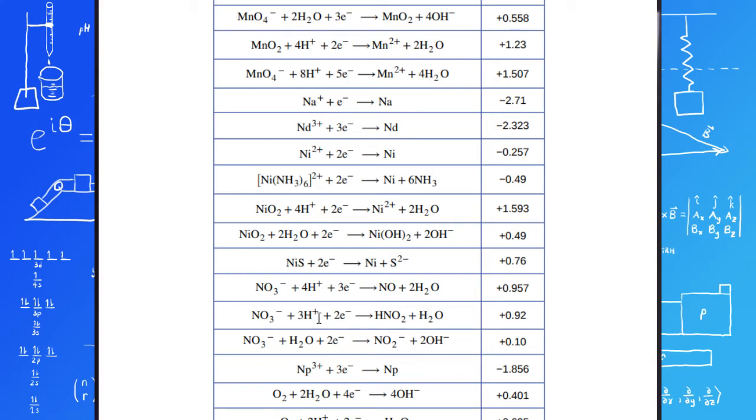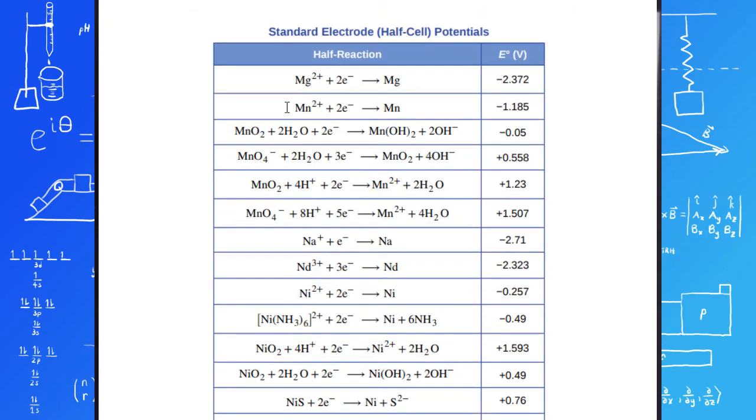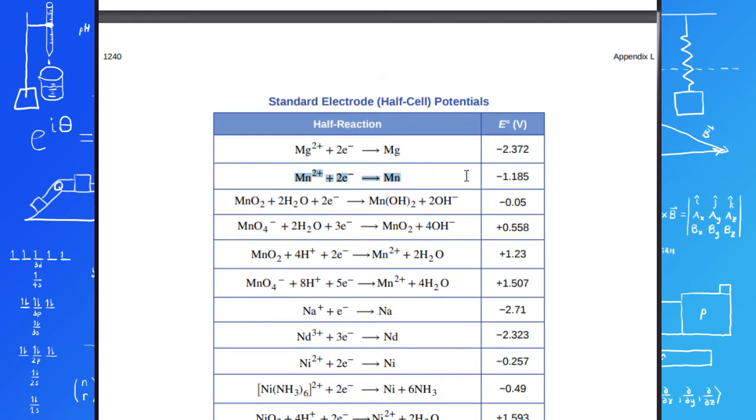So that's negative 0.257 when it's getting reduced. Manganese, on the other hand, is getting oxidized, so there's manganese. So negative 1.185 when it's reduced. When it's oxidized, that's positive 1.185. And those are in units of volts, of course.